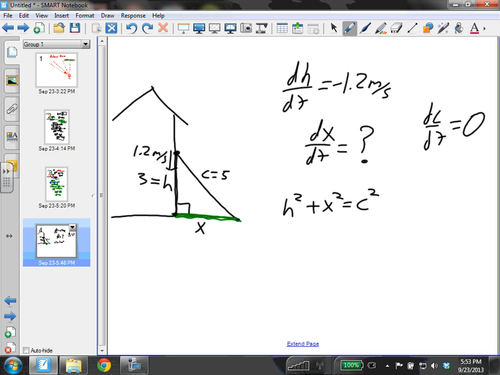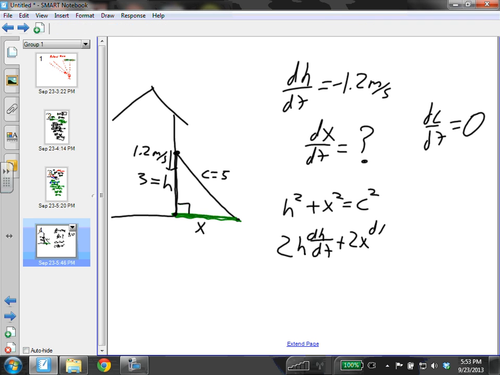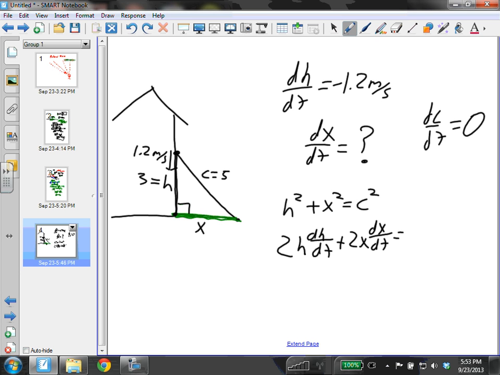And so we just simply filled in the information that they gave us. Now in order to get these different rates of change involved, we need to take a derivative once again with respect to time. So this will be 2h dh dt plus 2x dx dt equals 2c dc dt.